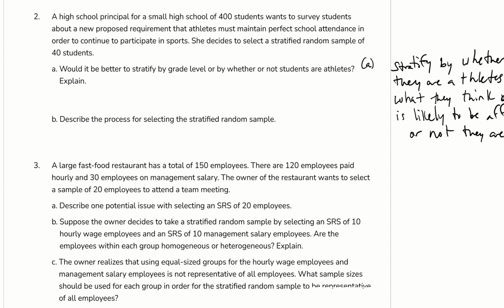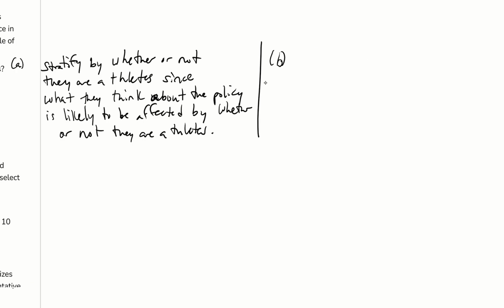And then combine them to get your sample, all right? So here we go. We're going to break the population of students into two groups.